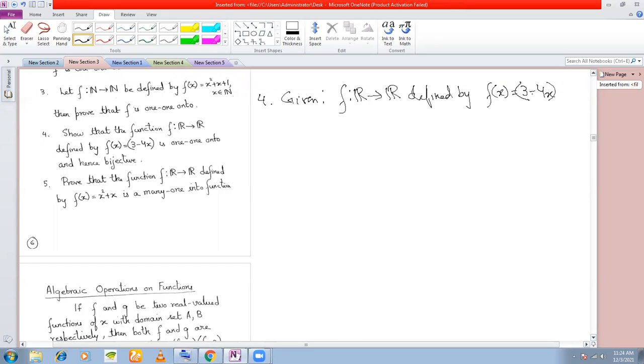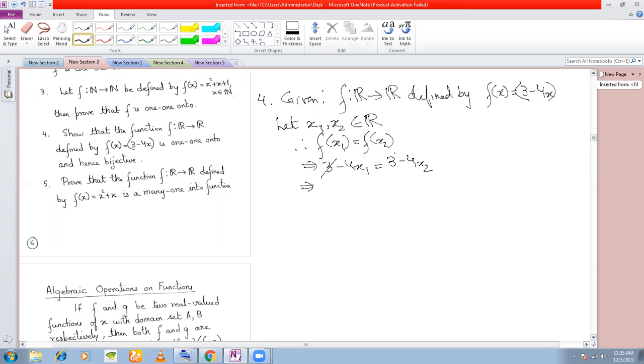Okay, you need to show that it is 1 to 1 onto. So A and B both are the set of real numbers here. So let's first show f is 1 to 1. Let's take any two numbers, x1, x2 belongs to A, which is the set of real numbers. So f(x1) is equal to f(x2) means 3 minus 4x1 is equal to 3 minus 4x2, right?